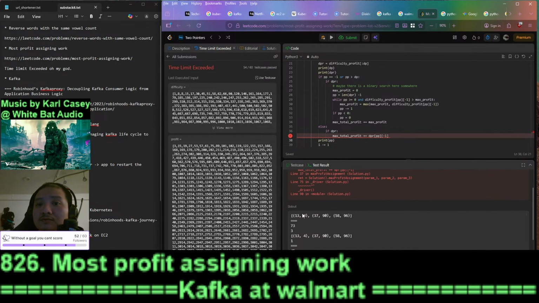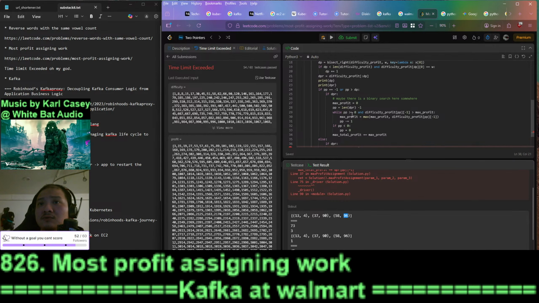Okay, so the max profit is what? Should be 96, right? Which is this number, right?